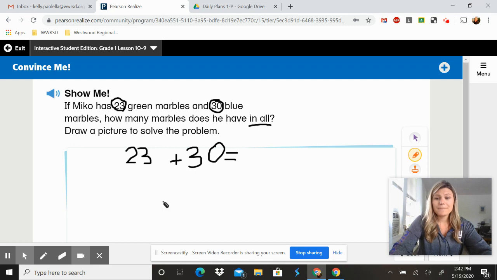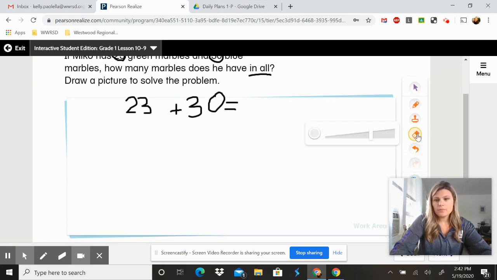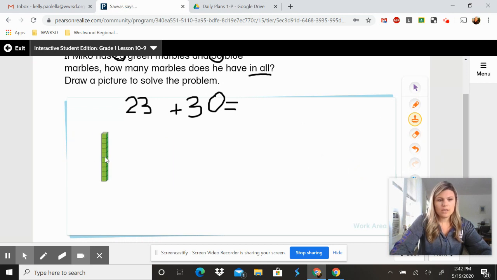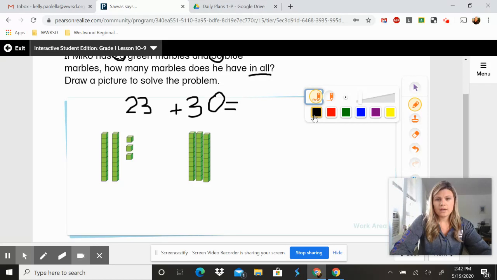Draw a picture to solve the problem. So your picture can be anything, okay? I'm going to use my blocks today. So I'm going to make 23, so 2 10s, and then I'm going to make 30. And I need my ones, 1, 2, 3. Okay, and then I'm just going to count on 10, 20, right?